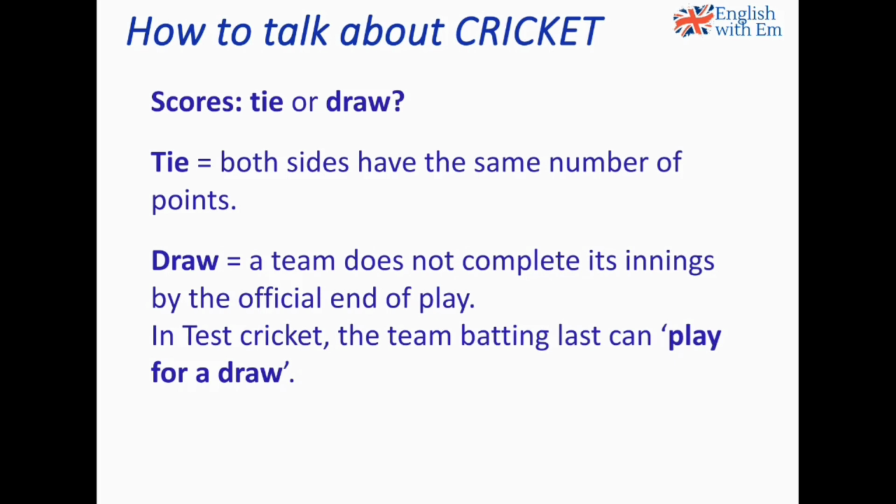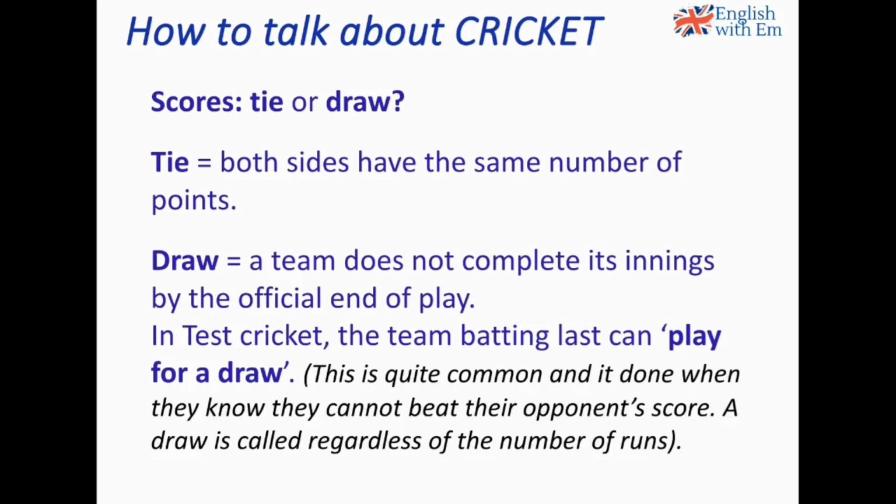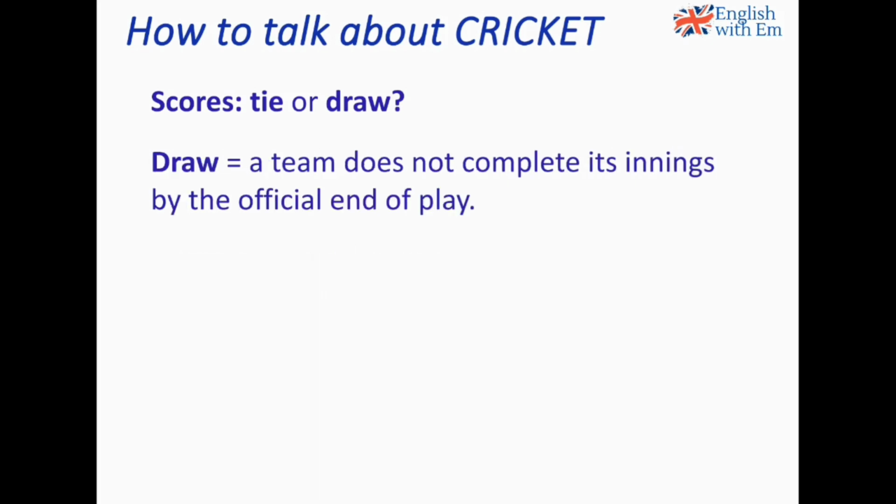In Test cricket, the team batting last can play for a draw. So this is quite common. They do this when they know they can't beat their opponent's score, because a draw is called regardless of the number of runs.